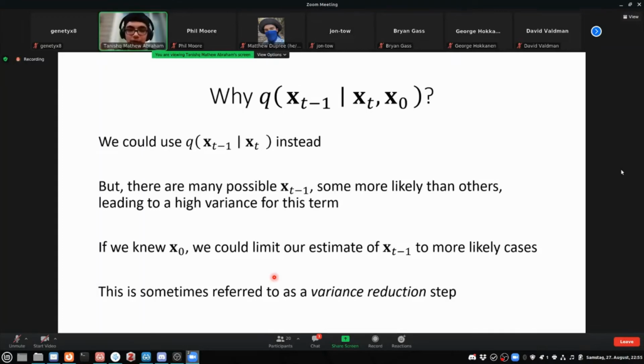It's a bit of cheating, but we're able to do that in our training process, and by doing so we reduce the variance and make our estimate of the distribution for x_{t-1} a little more accurate.